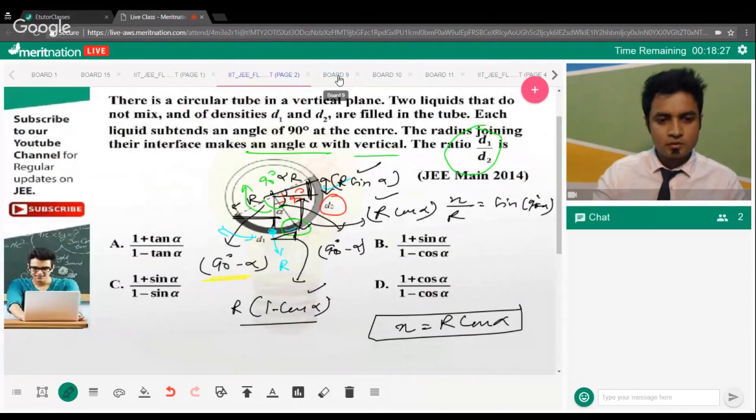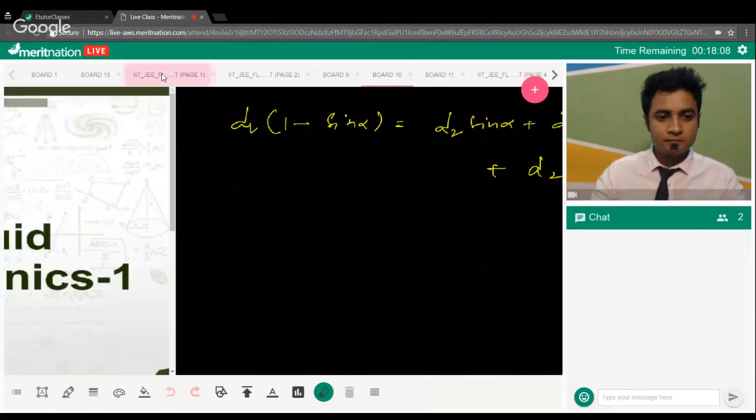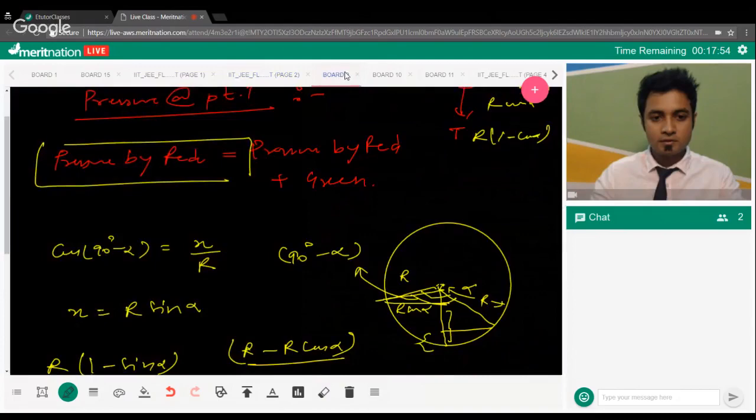Sorry, actually, guys, here I need to do one small thing that I forgot to mention. See here, at this point, this density, I have to multiply this (1 minus cos alpha) with d1, not d2. Because this is this liquid.